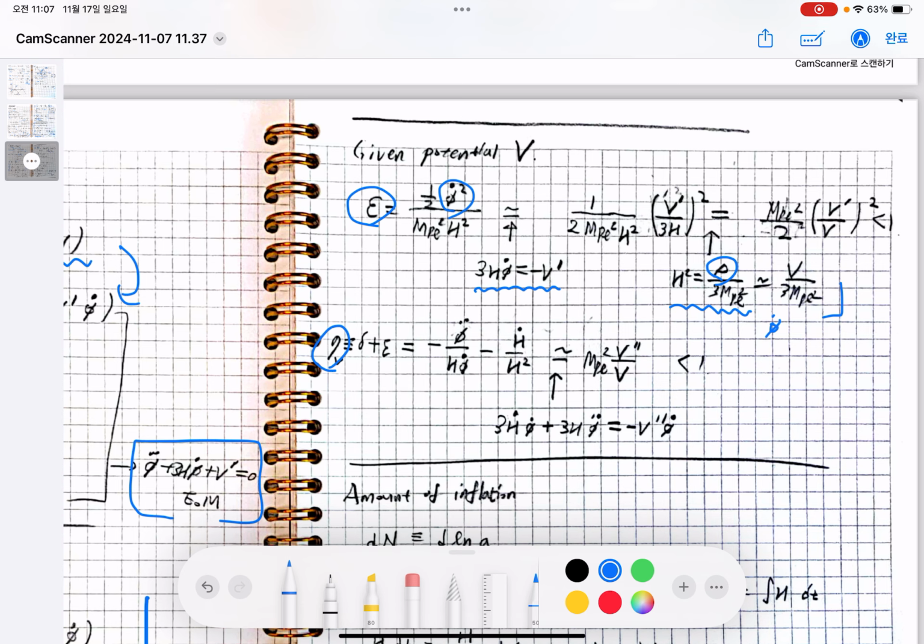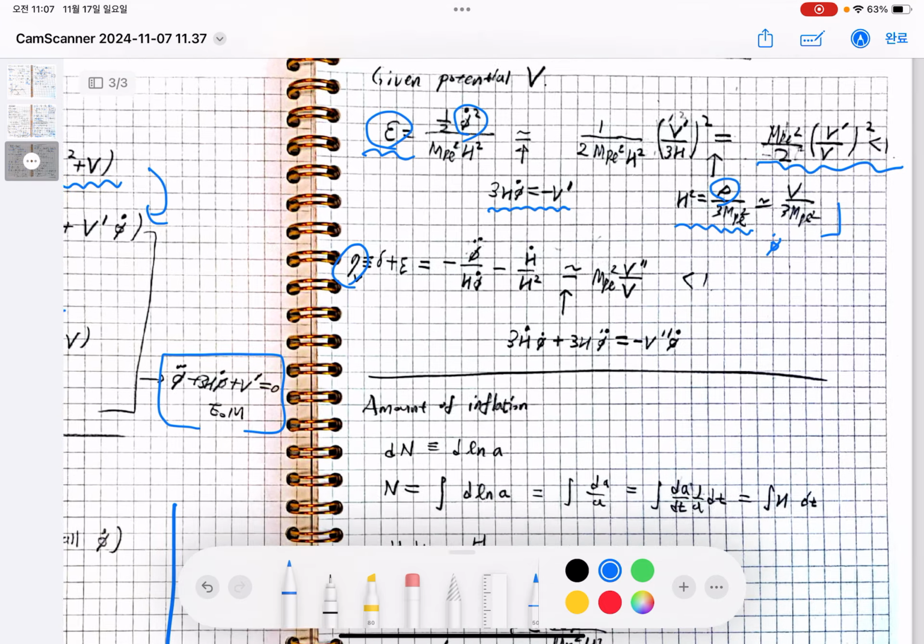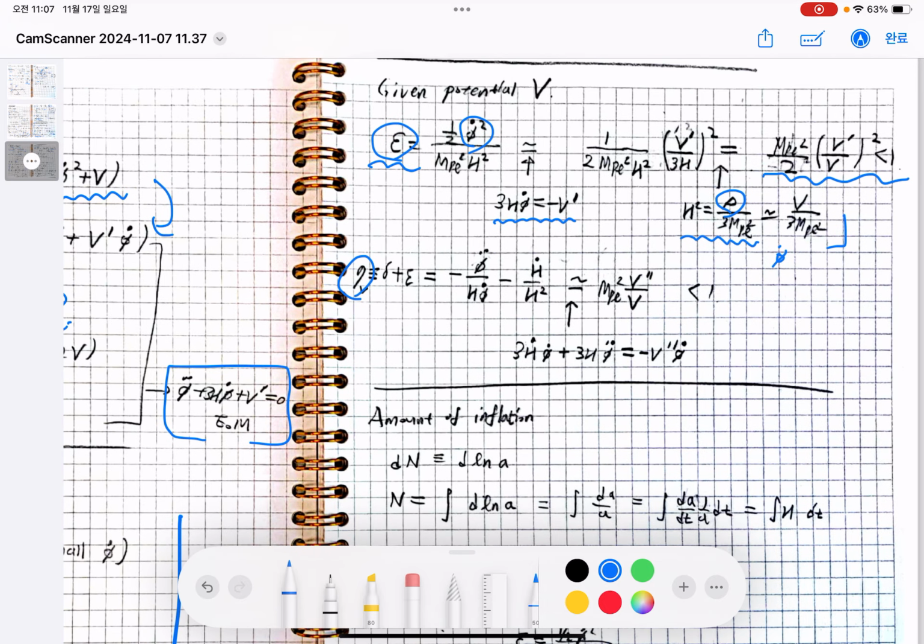So epsilon is given in terms of the potential, and for eta also we can insert one more equation of motion with additional time derivatives, and eta is also given in terms of functions of the potential.